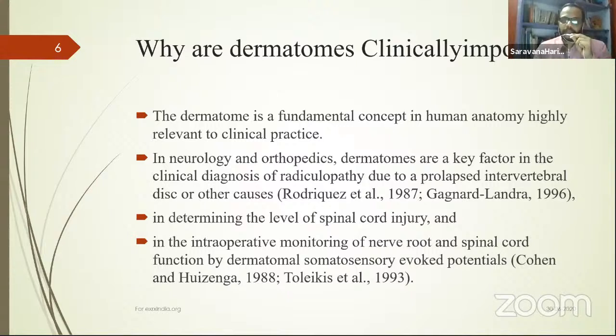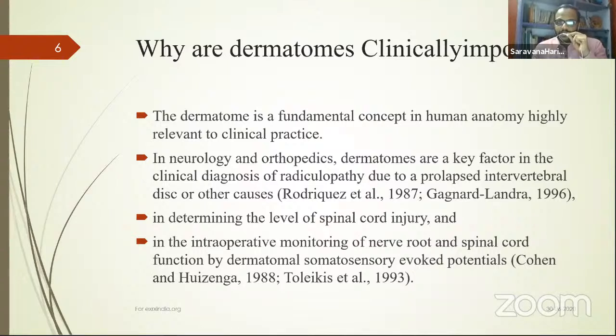Now we come to know why these dermatomes are clinically important. It's a fundamental concept in human anatomy, which is very relevant to clinical practice because we come to a conclusion about where the problem is by seeing the dermatome level, particularly in neurology and orthopedics. Dermatomes are key factors in clinical decision making, that is clinical diagnosis, particularly related to radiculopathy, that is a nerve root problem, or intervertebral disc prolapse, or other causes.